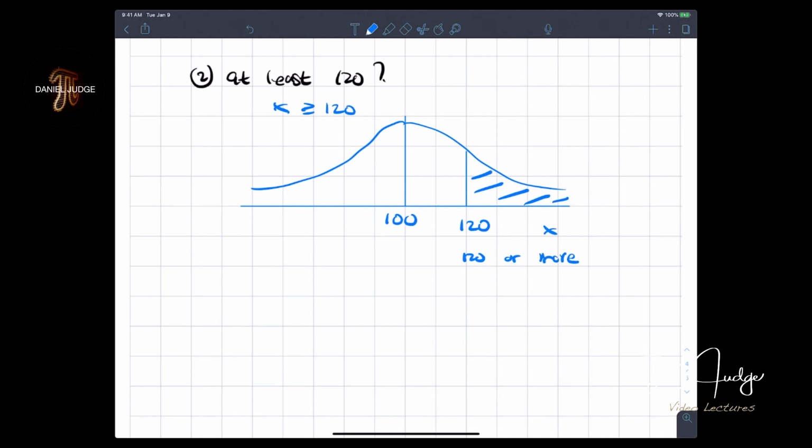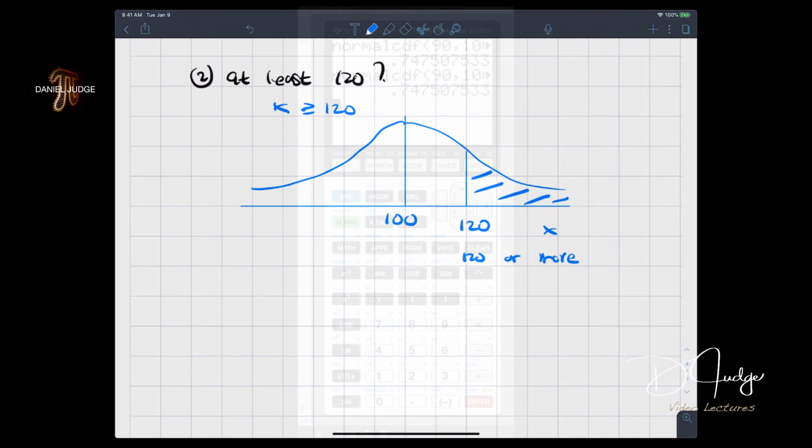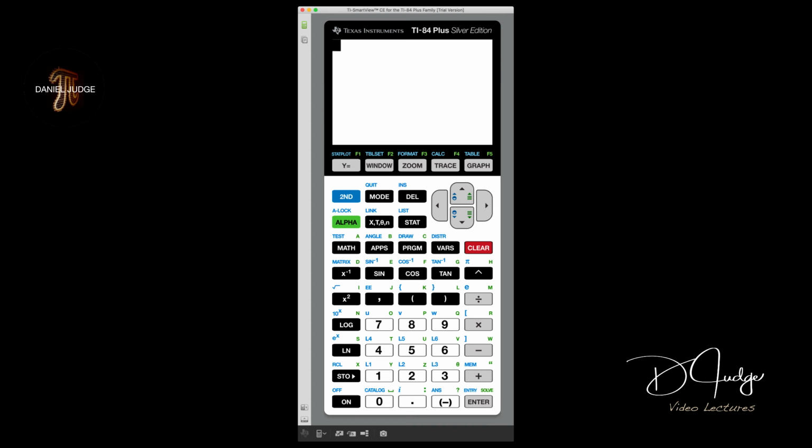So you can follow the procedure I outlined for you guys here. Or you can use that TI here. Let's double check with the TI and see what the TI says. So I'm going to say second, go down to the normal probability distribution.